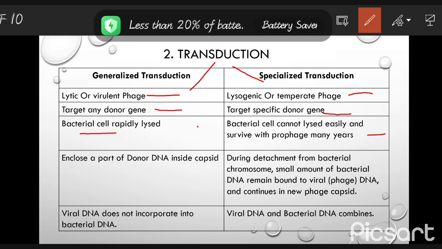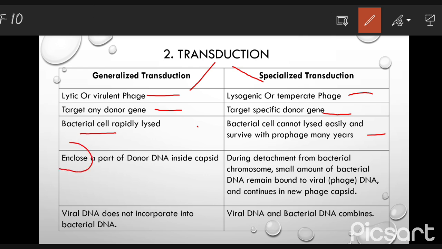In generalized transduction, the bacteriophage encloses a part of donor DNA inside the capsid. And in specialized transduction, during the detachment process from the bacterial chromosome, a small amount of bacterial DNA remains bound to the viral, that means phage DNA, and thus continues in the new phage capsid.